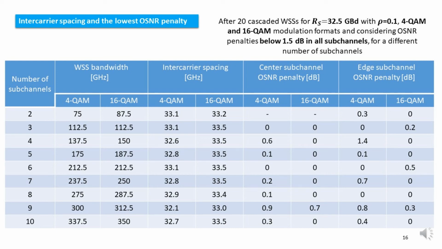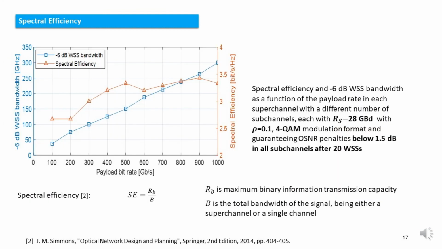Now, it's interesting to see how this optimization translates into the spectral efficiency of the superchannel. This figure provides us that information for a symbol rate of 28 gigabaud. The blue line shows the WSS bandwidth increase as we increase the number of subchannels from 1 up to 10.